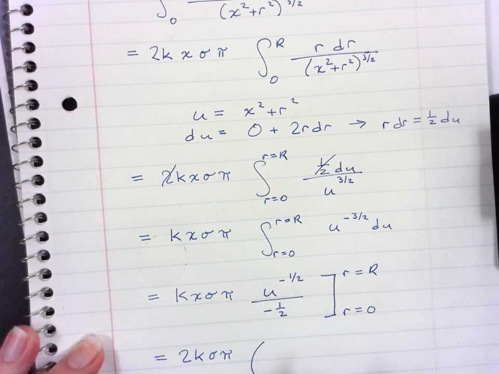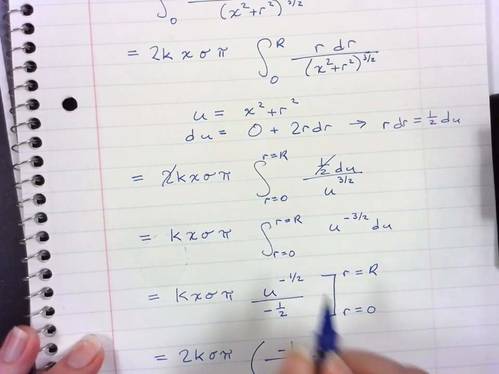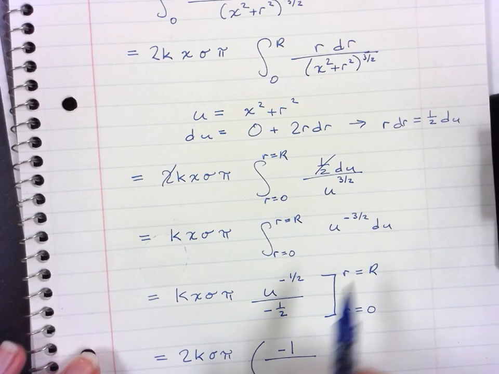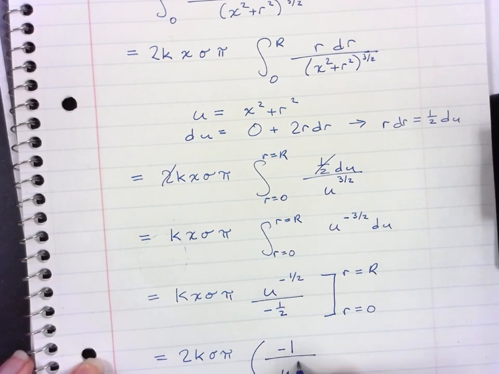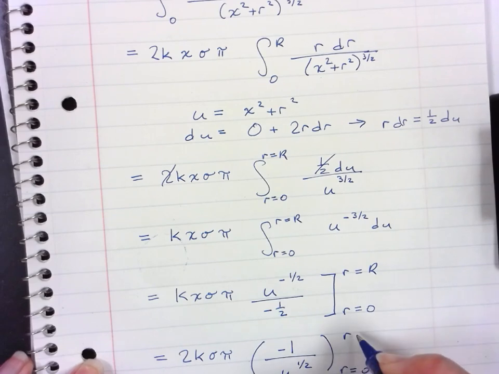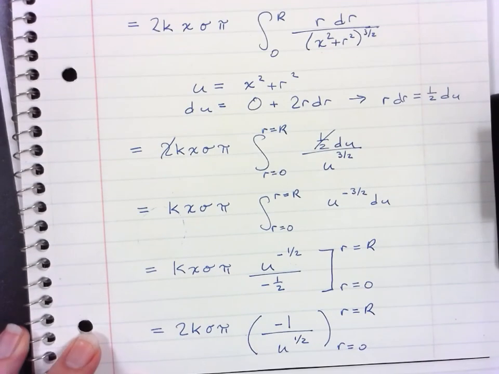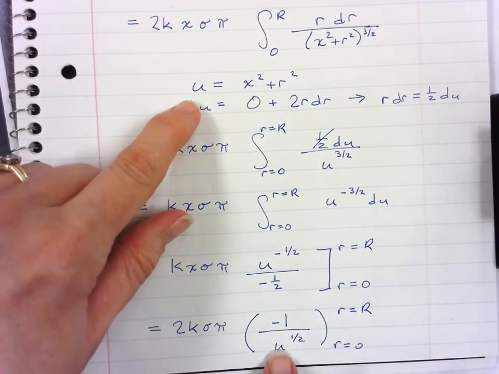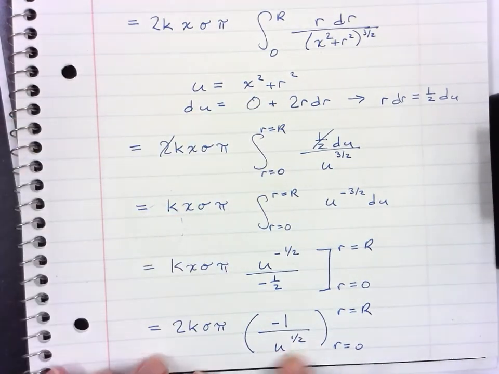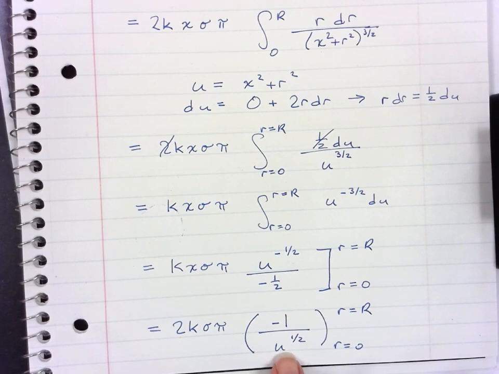So there's a negative 1 on this thing, and I'm going to put it in the numerator, excuse me. And for the denominator, I'm going to move this back down so it's got a positive exponent. So this is u to the 1/2, with r equals 0 to r equals capital R. Now I need to back substitute. u was equal to x squared plus r squared. So this denominator is going to turn into x squared plus r squared to the 1/2 power.